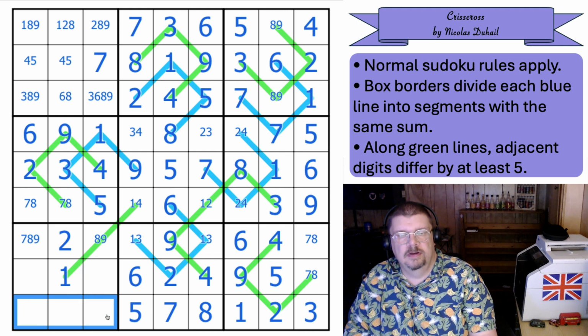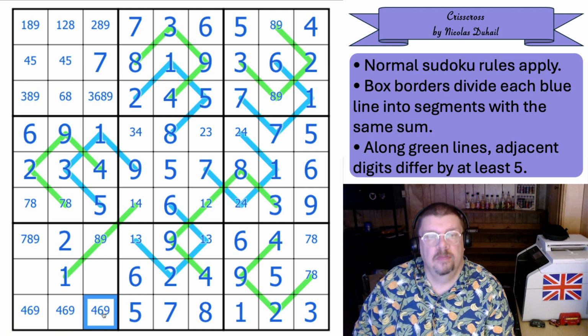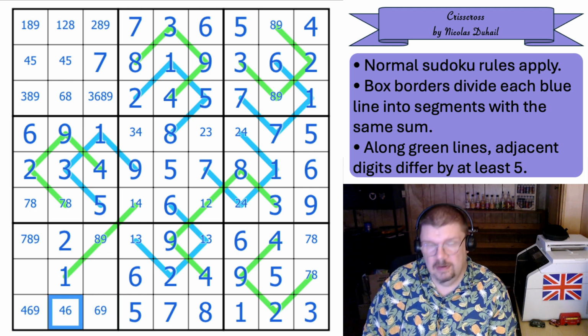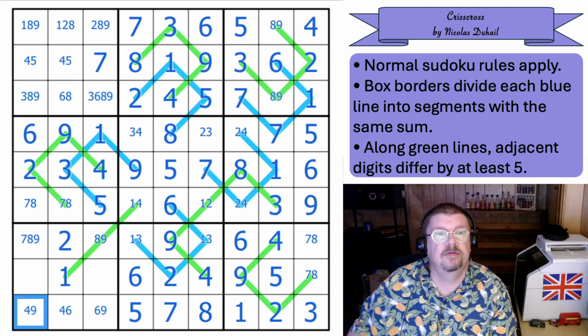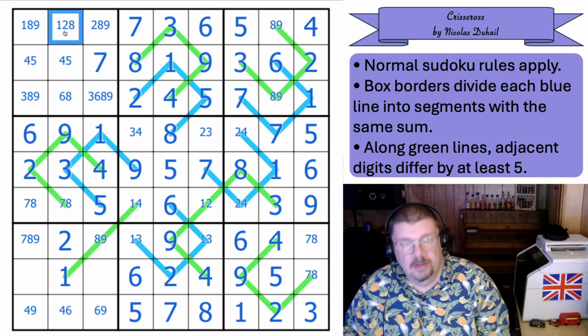These 3 digits are 4, 6, 9. That is not 4, that is not 9, that is not 6. That 1 looks up there.